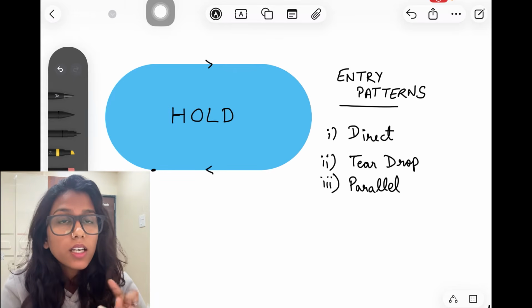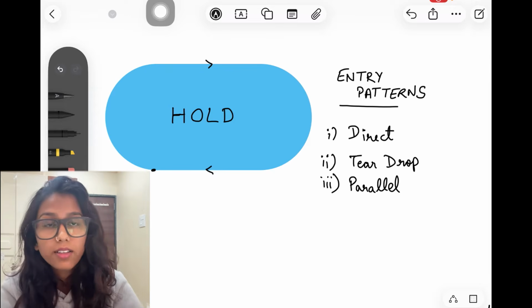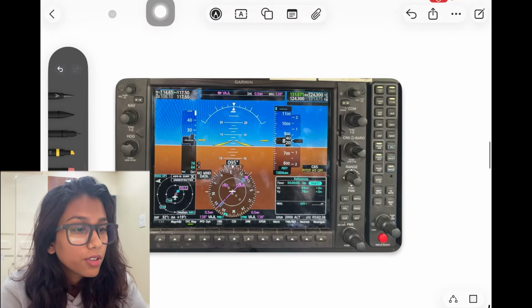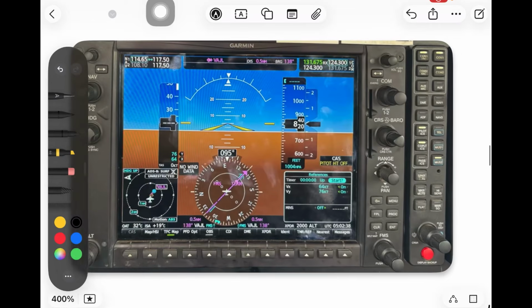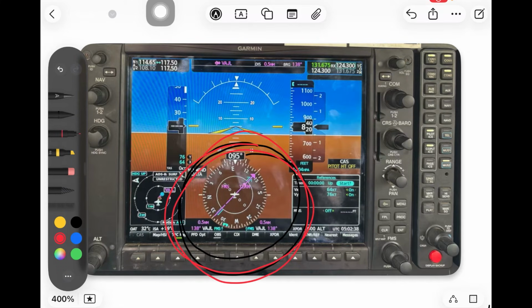And the second one is by looking at the Jepson chart, your lead radials, everything. In this photo, the RMI is basically the red circle that you see.